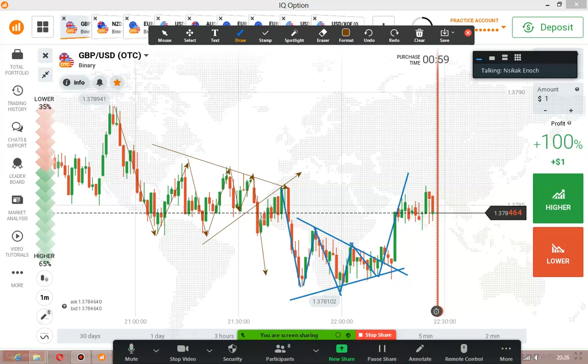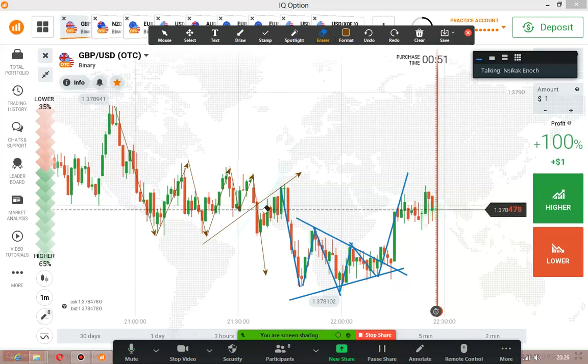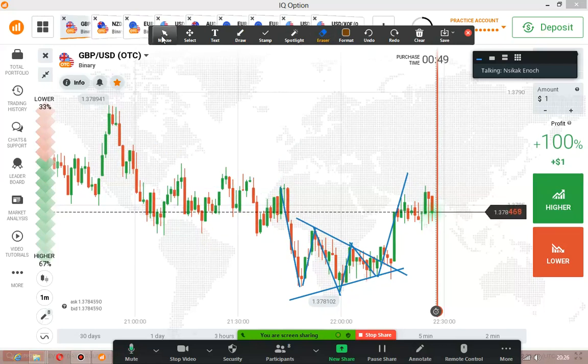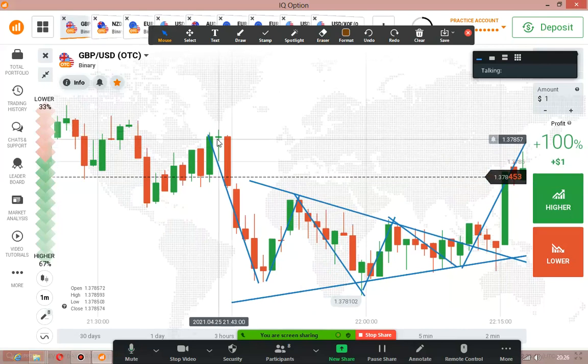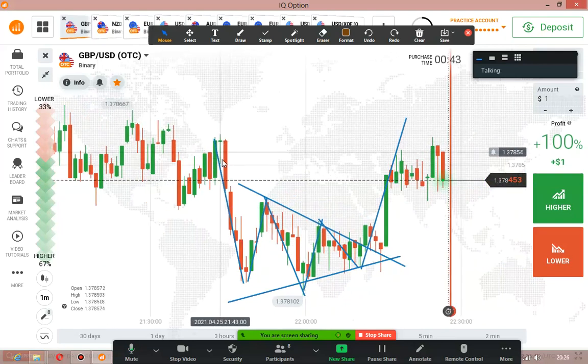After the market breaks the lower trend line, we see this confirmation. Look at this candle, this small pin bar candle. You can see the giant wick.